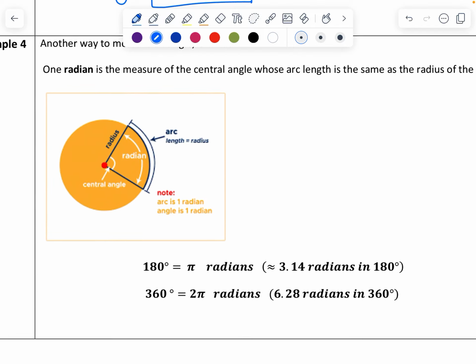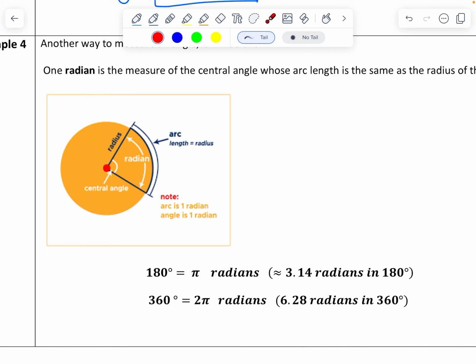If you have the center at the origin of the circle, and you measure the distance to the outside, that is the radius. Now if you took the radius and measured this distance along the outside of the circle, it would fit 1, 2, 3, 4, 5, 6, about 6.28 times around the circle.